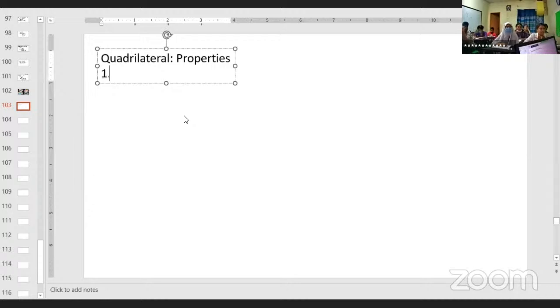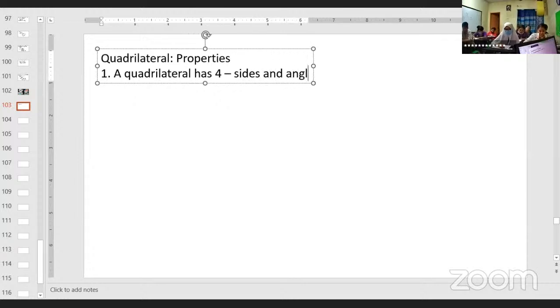First one is actually that quadrilateral has 4 sides and 4 angles, right?